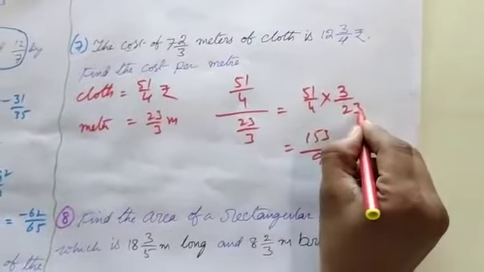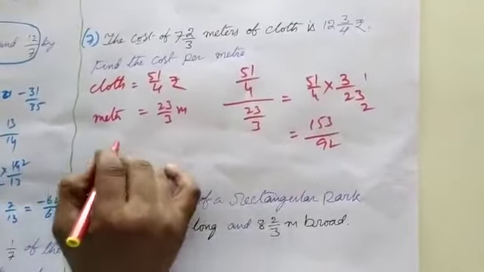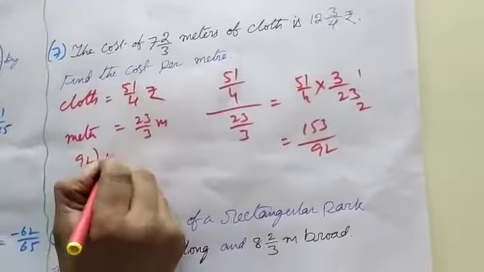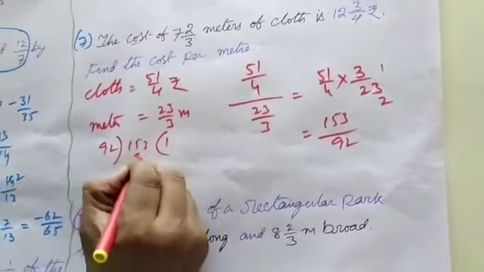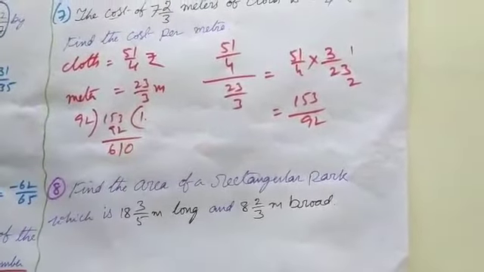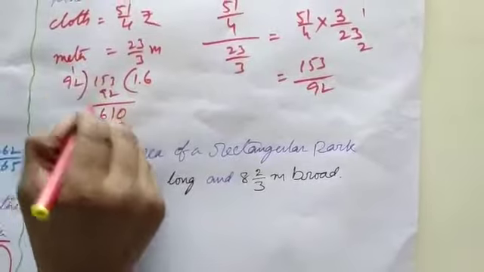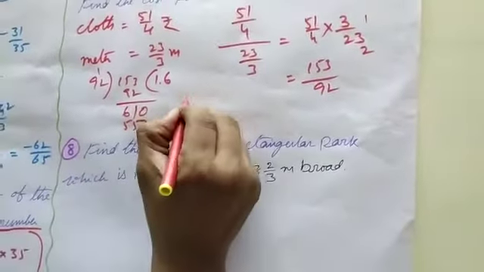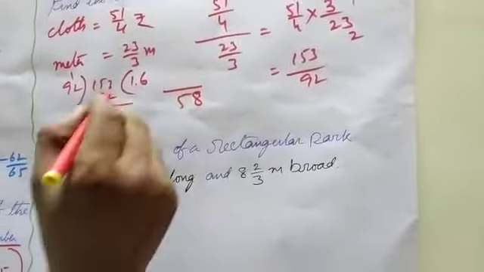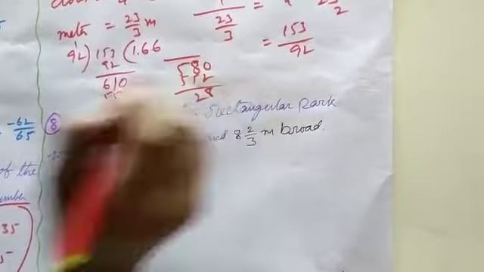4 23s are 92. Let's go to the long division method: 153 divided by 92, 92 ones is 92, remainder 61, add a decimal point, 610, 92 6s are 552, and so on.